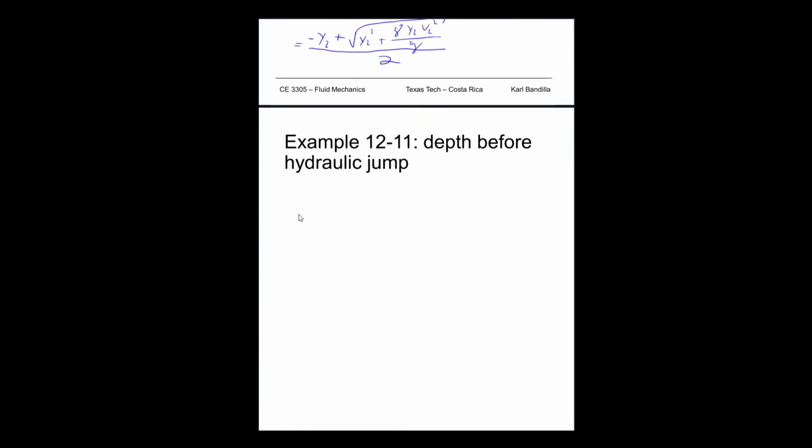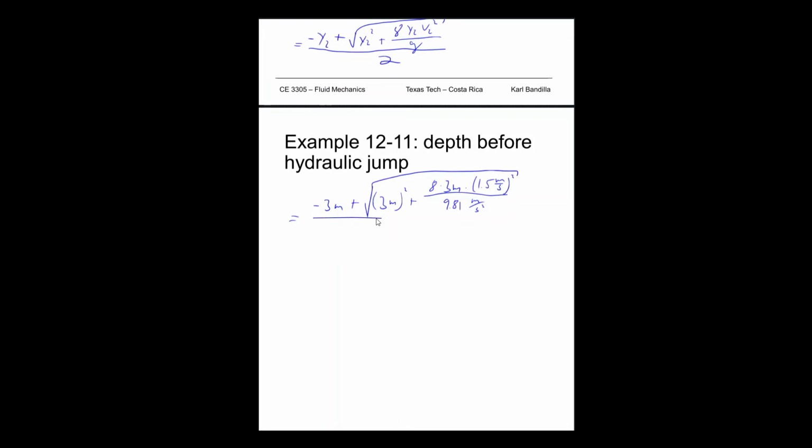Plug in numbers. It's equal to minus 3 meters plus the square root of 3 meters squared plus 8 times 3 meters times 1.5 meters per second, all that squared, divided by 9.81 meters per second squared.